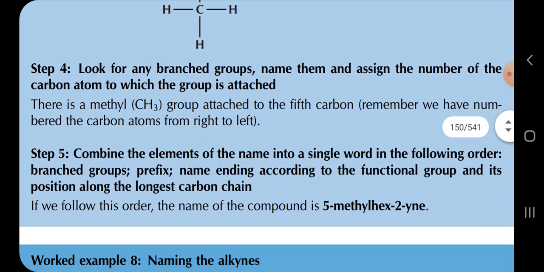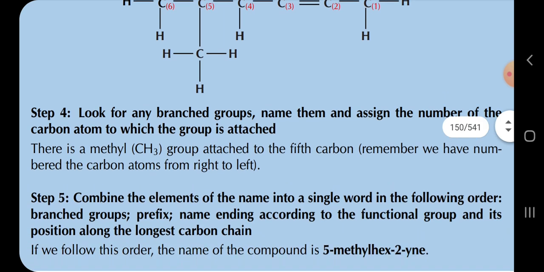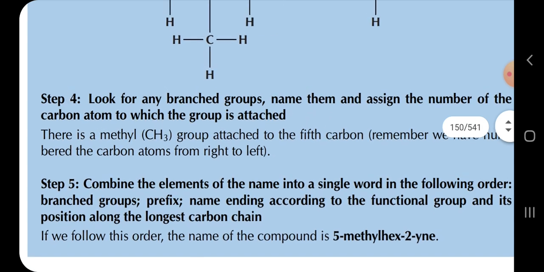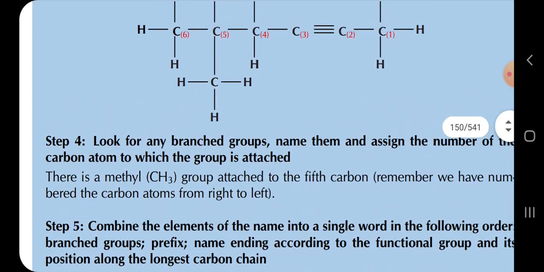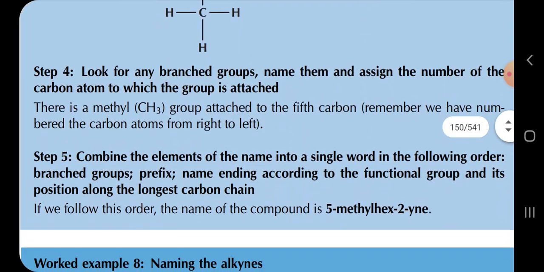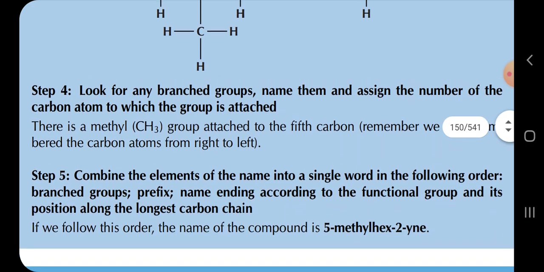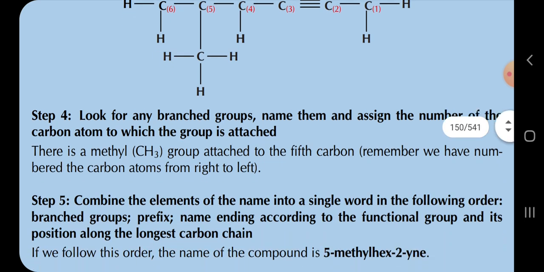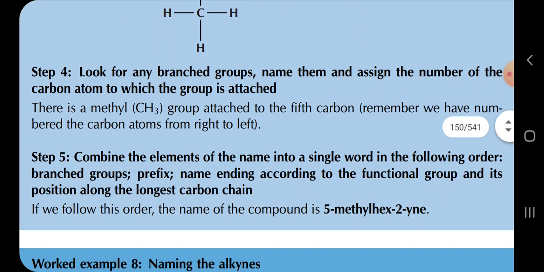So because the branch is on the 5th one, we're going to have 5-methylhex, because of the 6 carbons, and then 2, because the functional group is on the second carbon, and it ends with yne because it's an alkyne.